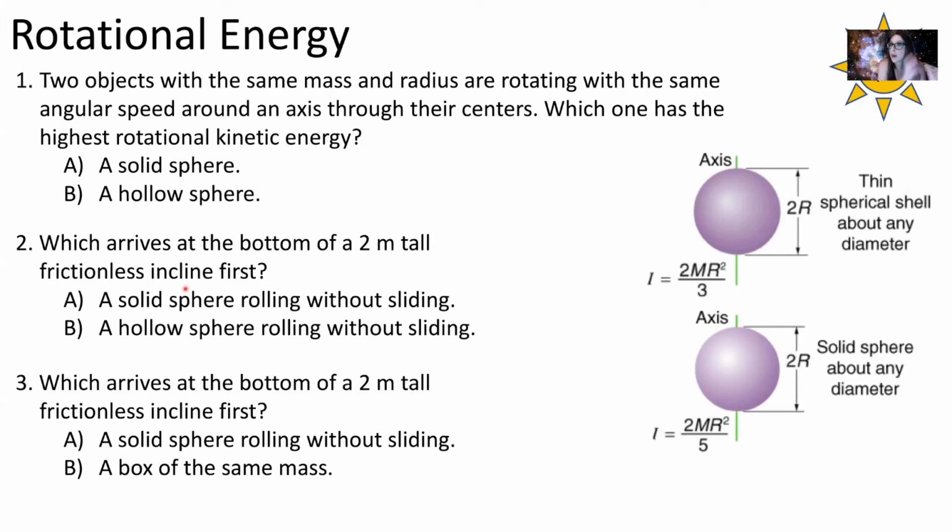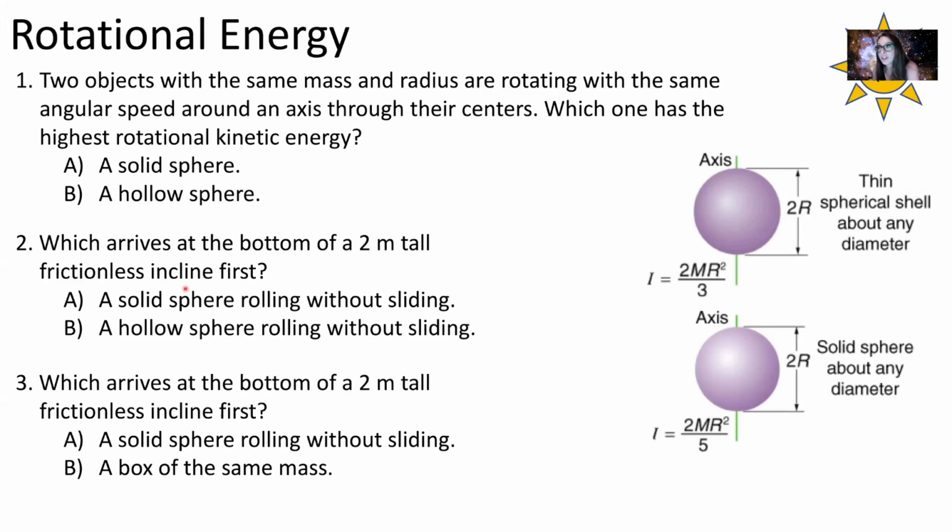Because the gravitational potential energy has to equal your rotational kinetic energy plus your translational kinetic energy. So the one that has the largest rotational kinetic energy is going to steal some of that available energy away from the translational kinetic energy that gives you the linear speed at which you're going to end up at the bottom of the incline.